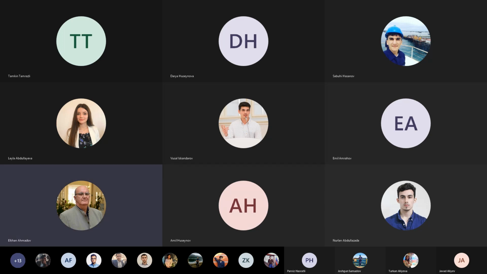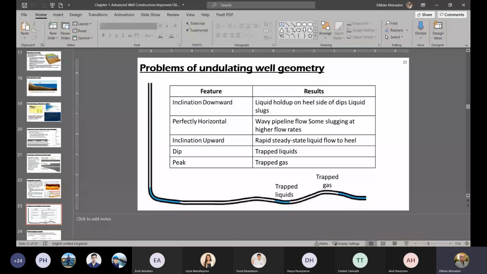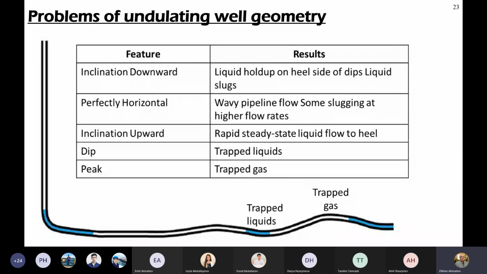Can you see the slide? Yes. So I believe it's about this table, the multi-phase flow in horizontal section of well.